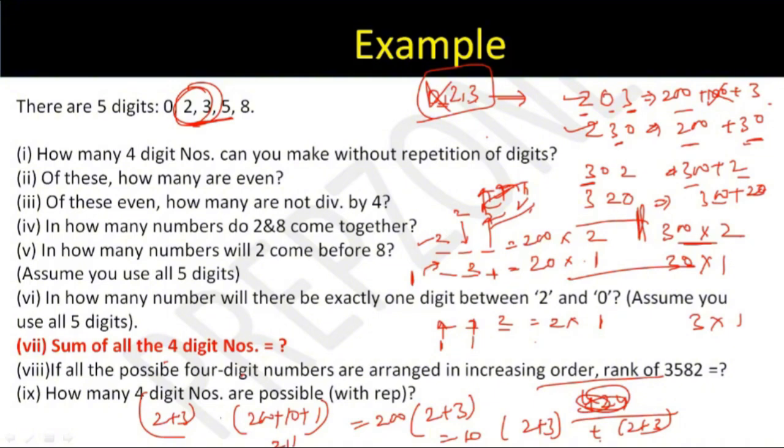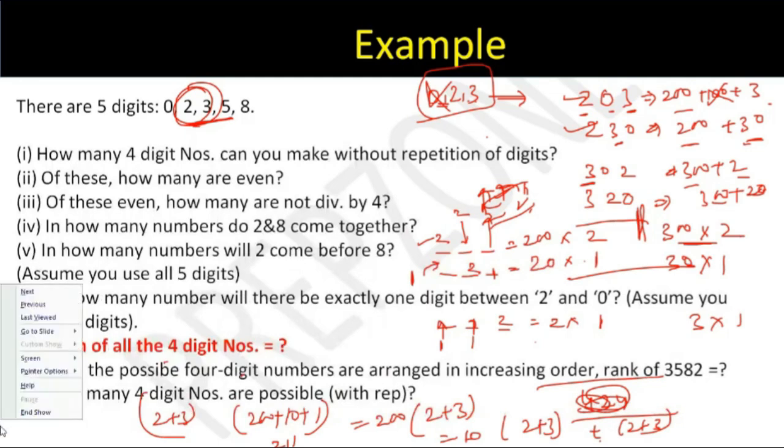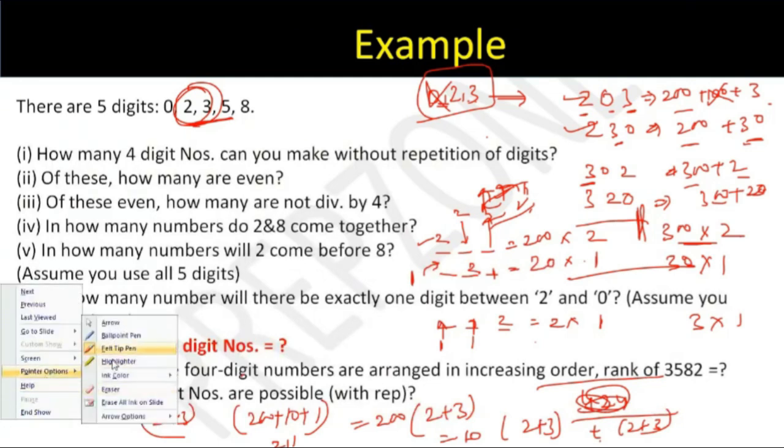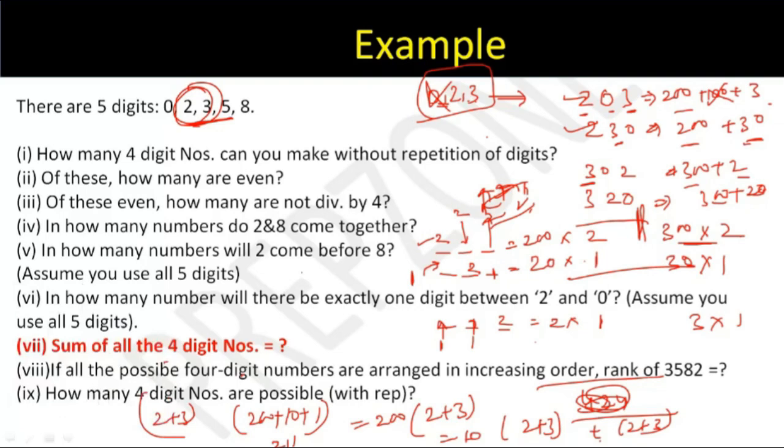Was this method clear to everyone? When we had only 3 digits, how do we solve this? See, this is here. I'm not able to type. Just give me 1 minute. Pointer options, filter, yes. So I had 6 numbers, right? It got very messy, but yes, one was this.